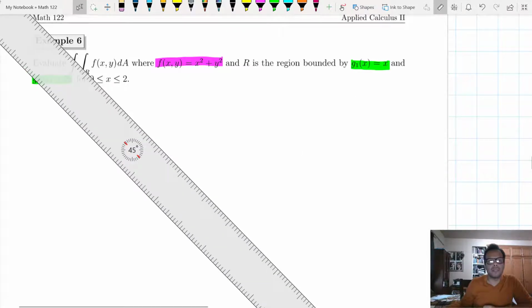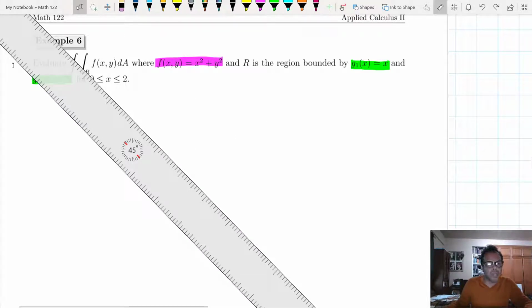Because if I do this, I'm going to get that line. That's what I want to do. However, how can I rotate the angle for this ruler?